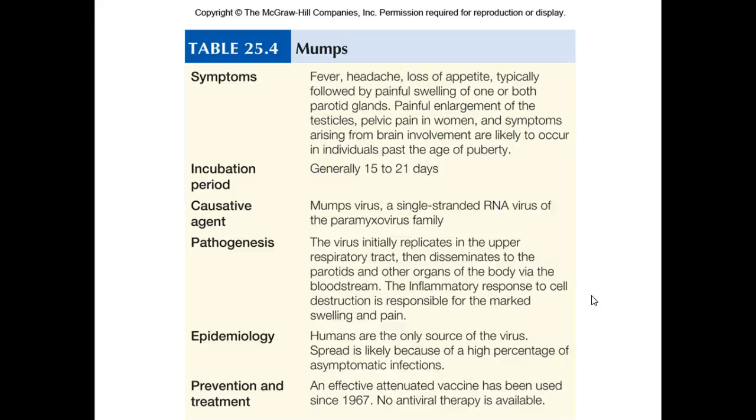Notice that the vaccine was instituted in 1967. Since then, we've had a marked decrease, except for some outbreaks, and there's definitely been the question of how effective that vaccine is, and what's going on with that.